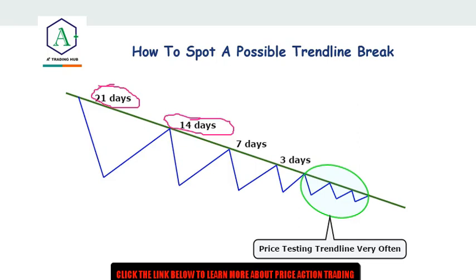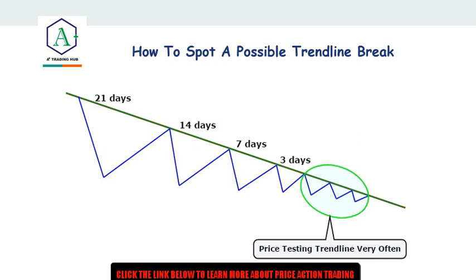When you see this and you see price testing the trend line very often, just know that price may break the trend line very soon, and we may have a change of trend. So once you see price testing the trend line very often, just know that very soon price will break through the trend. That is how you spot a trend line break.